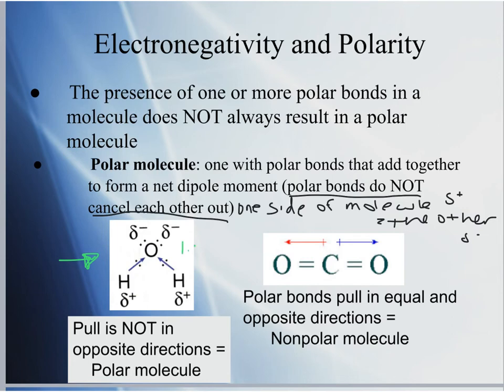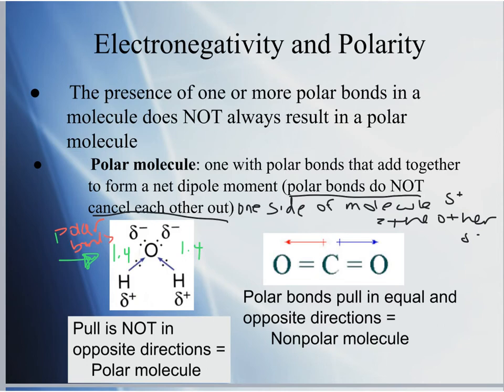Okay, so what that means is that oxygen is pulling on the electrons harder than hydrogen, right? They're not sharing fairly. This is a polar covalent bond. So we've got polar bonds in this molecule.